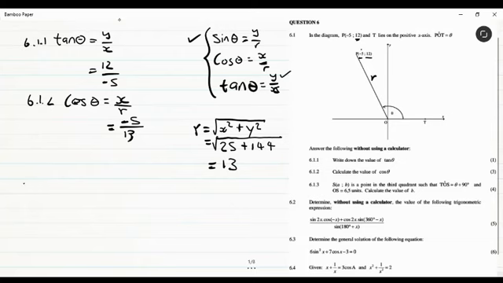And now let's do 6.1.3. On 6.1, it said that point S with x is equal to a and y is equal to b is a point in the third quadrant such that TOS, the angle, is equal to theta plus 90 degrees. So the third quadrant is this one, right?